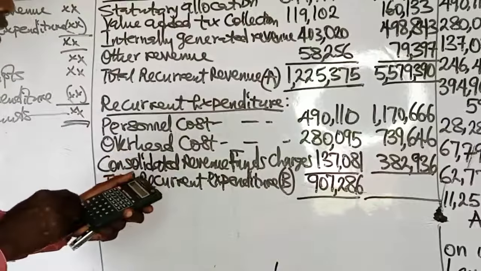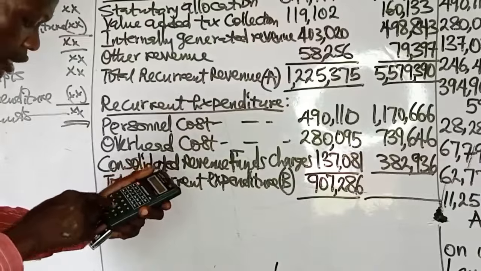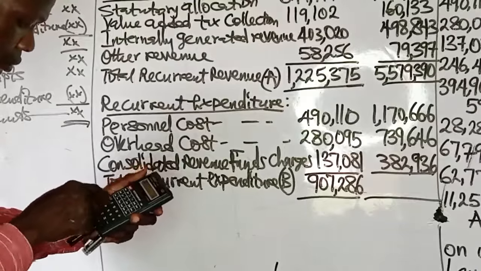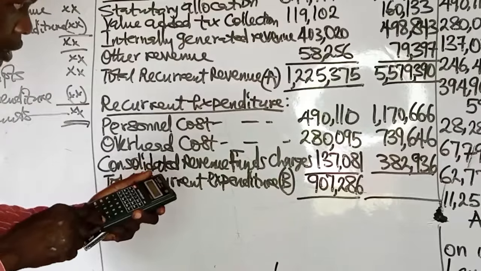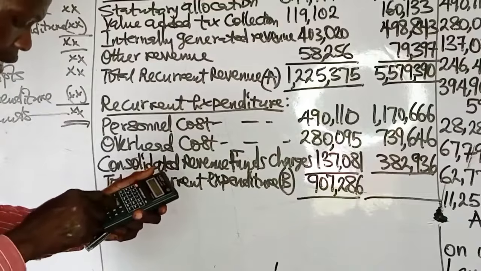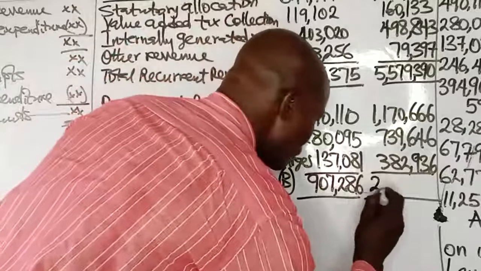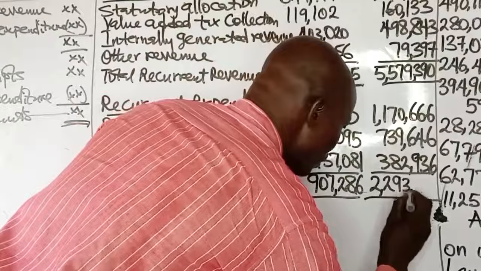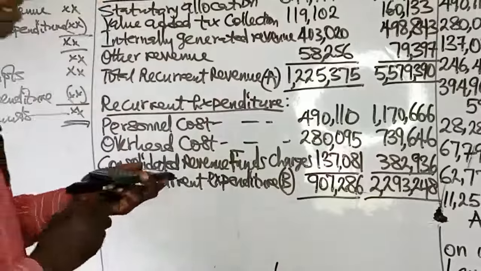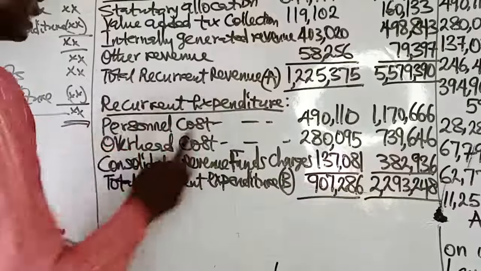Then we have 1,170,666 plus 739,646 plus 382,936, and that is totaled 2,293,248. That is B.